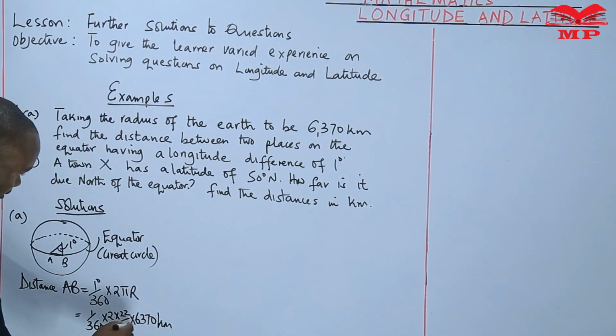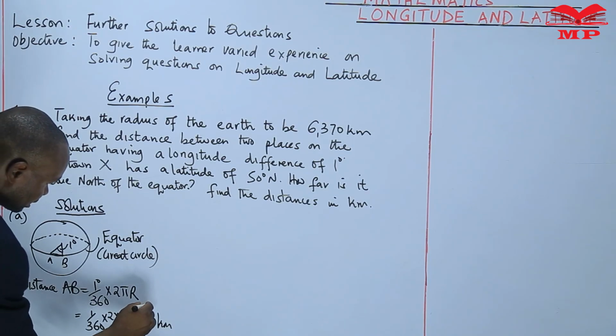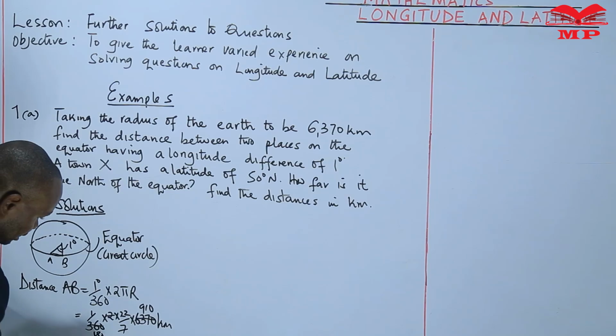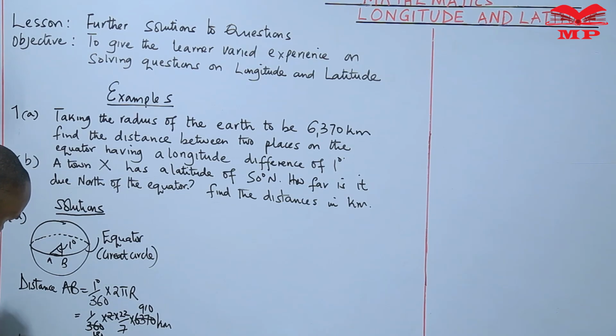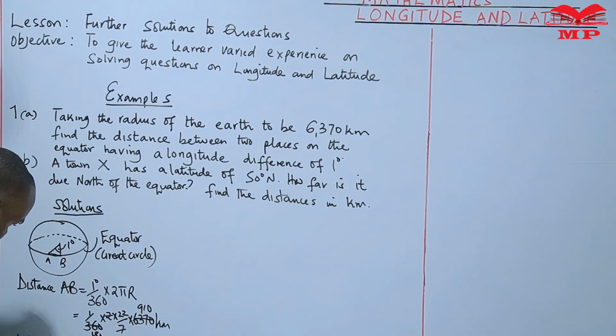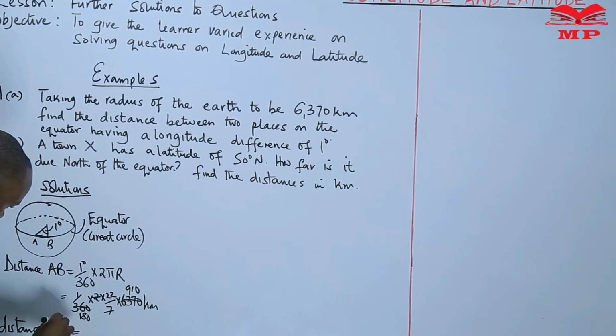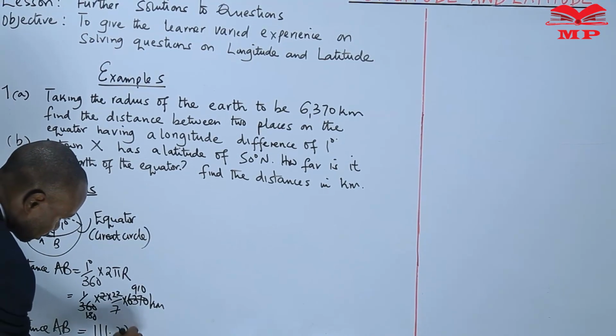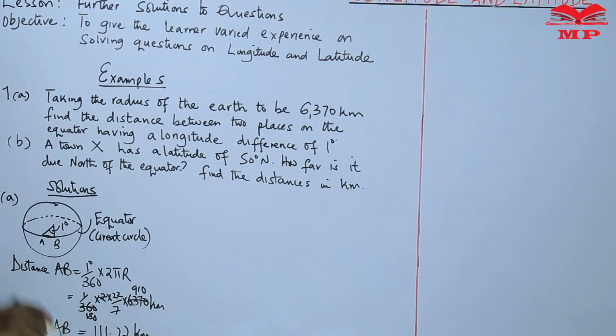So on solving, this is 910, divided by 180. If you work out that well, you'll get that distance AB is 111.22 kilometers.